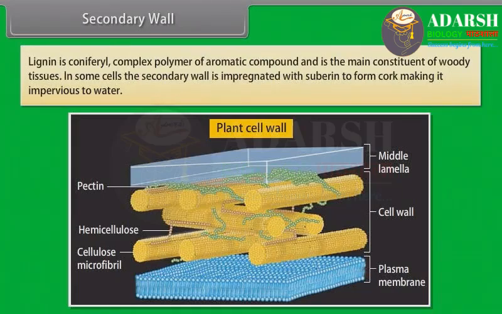Lignin is a complex polymer of aromatic compounds and is the main constituent of woody tissues. In some cells, the secondary wall is impregnated with suberin to form cork, making it impervious to water.